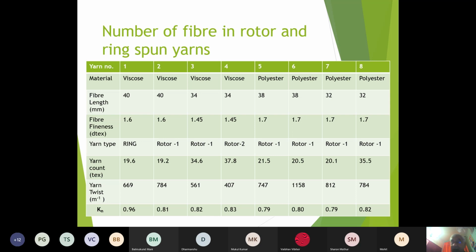So what I will conclude here is that these two factors, Kn and Ks, are becoming very important. They are giving a lot of internal characteristics of yarn, which is helping me to explain the mechanics of yarn formation. We are in a good position if we understand the values of Kn and Ks better.